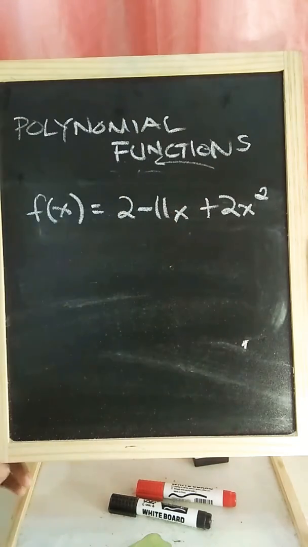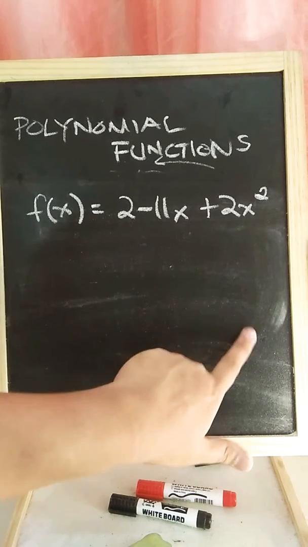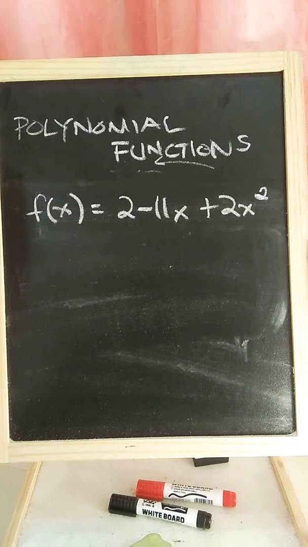Now, what we're going to do here is to transform this in standard form, and then afterwards we will be determining the degree, the leading coefficient, and the constant term of this polynomial function. Okay, let's start now with this.